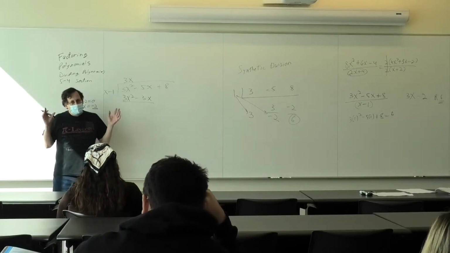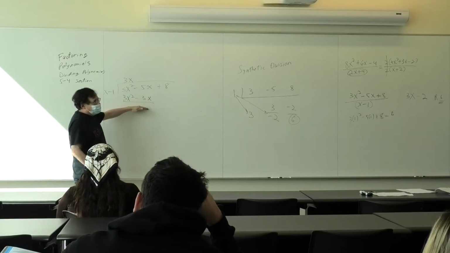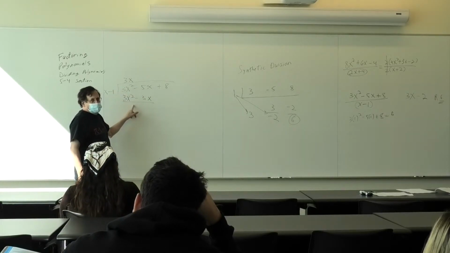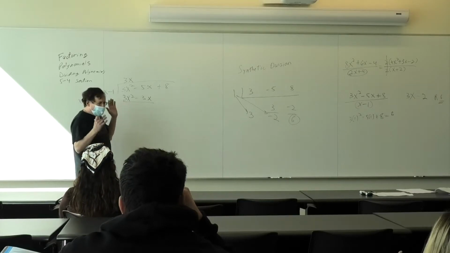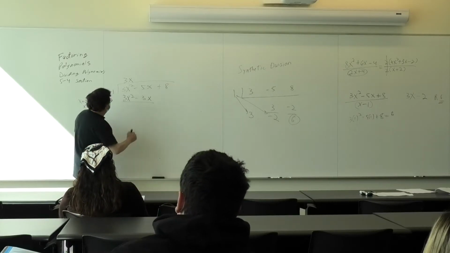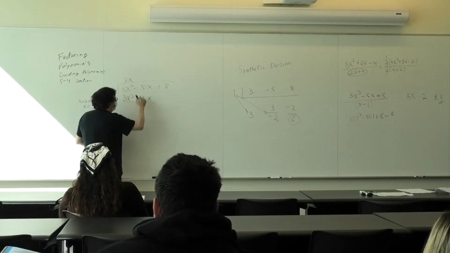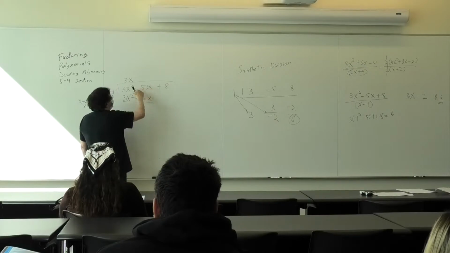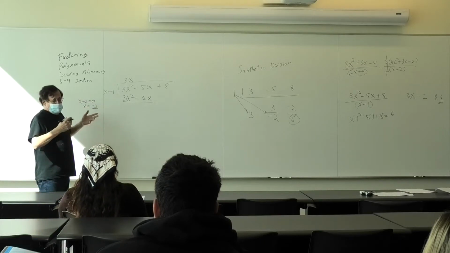One of the places where people make a mistake is when you're subtracting and you have a negative. That's very common, you have to really focus when you're doing this. It's easy: 3x squared minus 3x squared, that's 0, right? Negative 5 minus negative 3, that's plus 3.